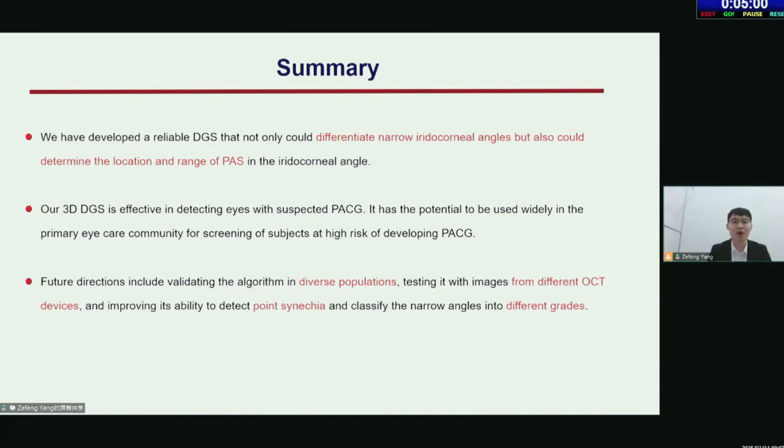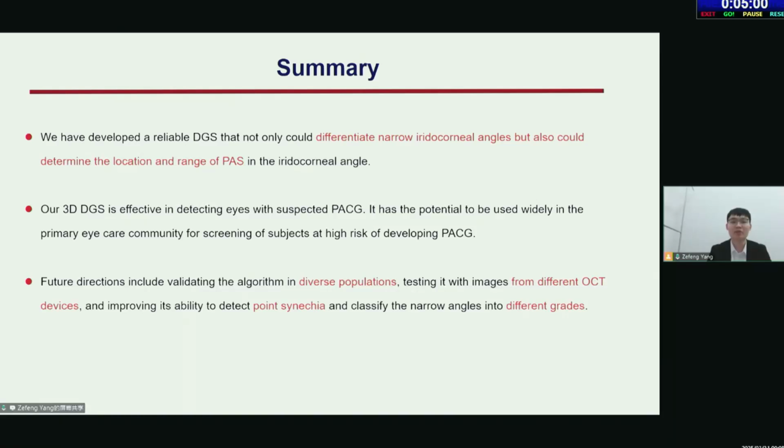In summary, we have developed a reliable DGS that not only could differentiate narrow iridocorneal angle, but also could determine the location and range of PAS in angle closure suspect patients. Our 3D DGS is effective in detecting eyes with suspected PACG.